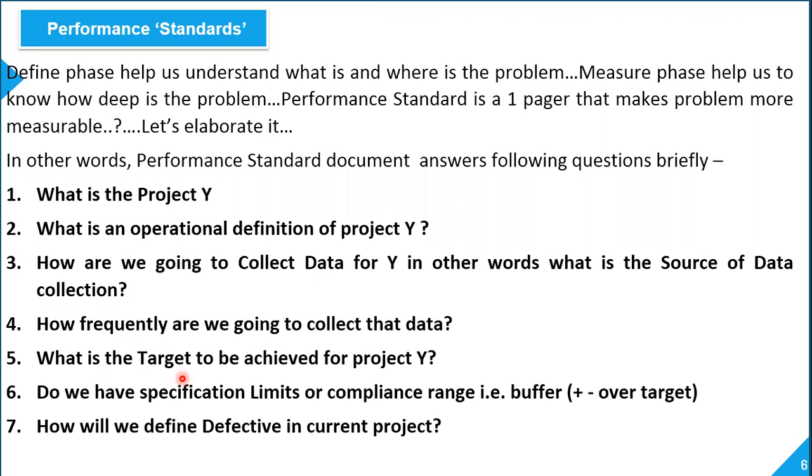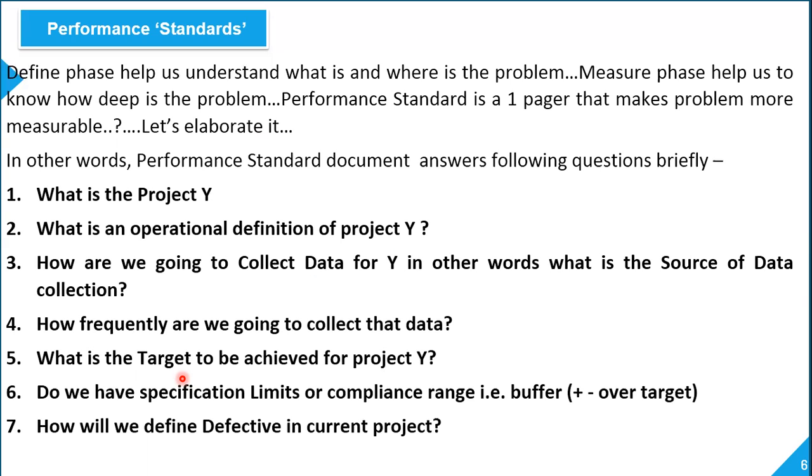Question number six: do we have specification limits or compliance ranges? If we do have a target, the client says plus or minus a certain range, some buffer value. Do we have those specification limits, upper as well as lower? That's the sixth question. And the seventh question is: how will we define the defective in the current project?